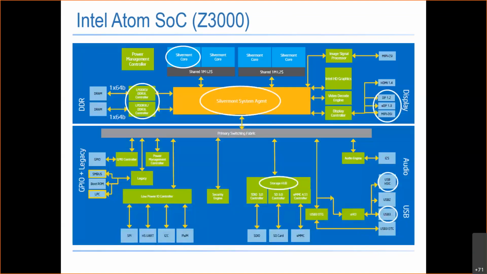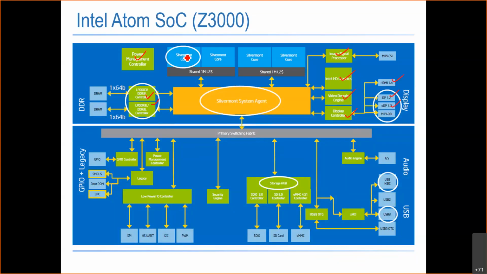What about this one? This is the Z3000 series. Here you can see we have two memory controllers for dual channel, and a power management IC. Inside the same system on chip, you have an image signal processor, Intel GPU, video decoder, display controller for DisplayPort, eDisplayPort, HDMI.